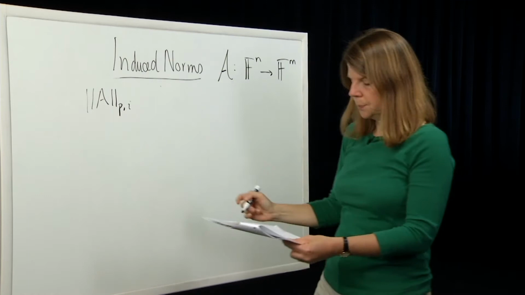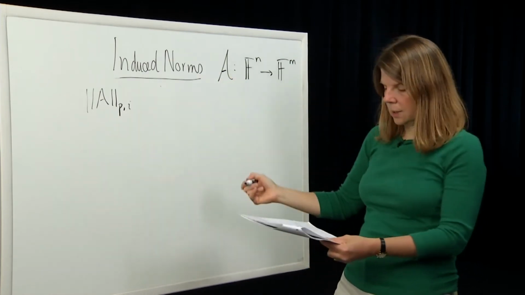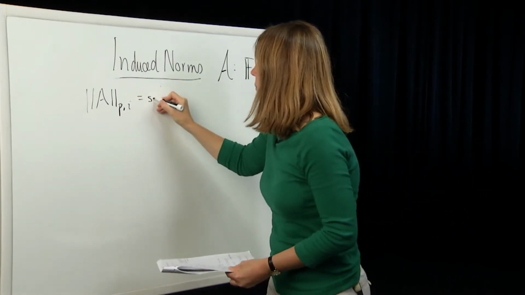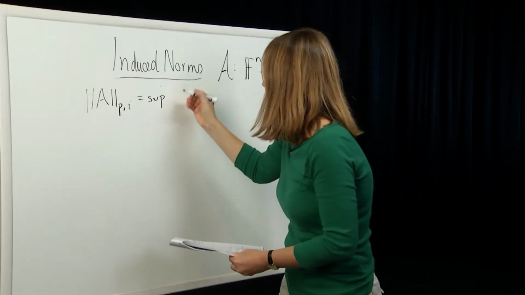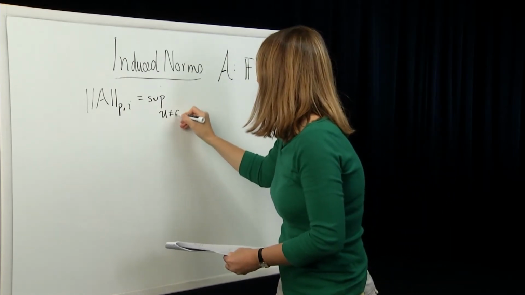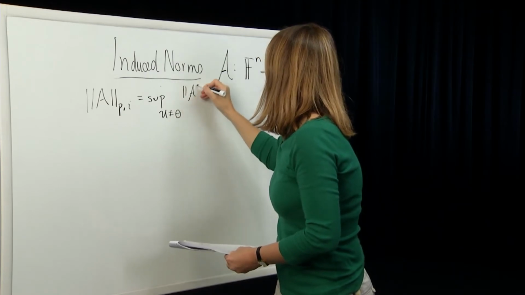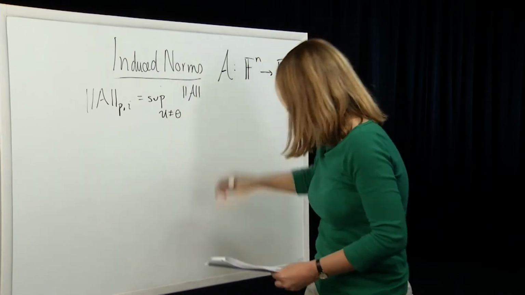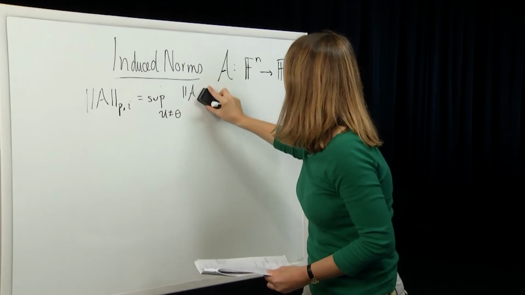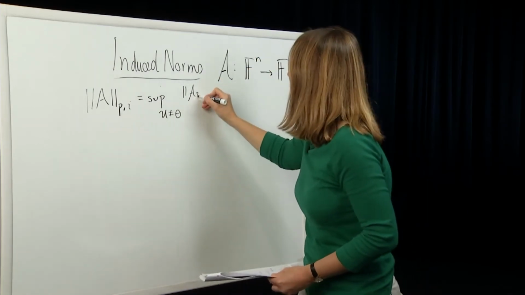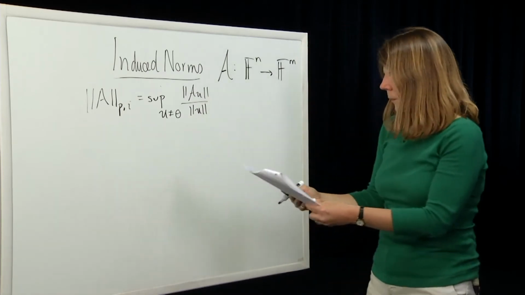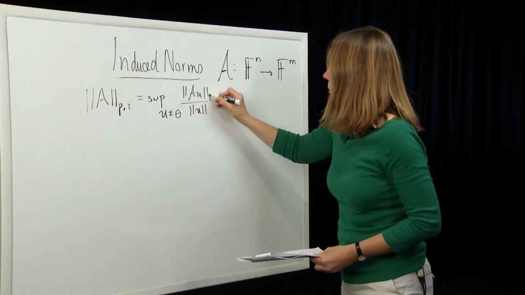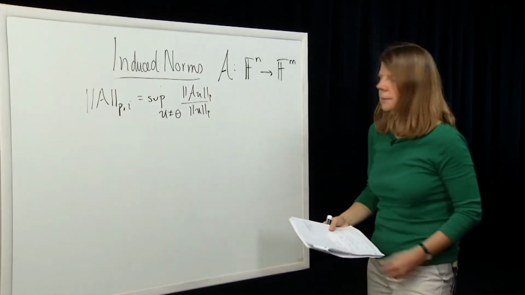So the induced p norm on the operator A is equal to the supremum over all vectors u not equal to 0 of the norm of Au over the norm of u. And in this case, this would be the p norm in the appropriate spaces.